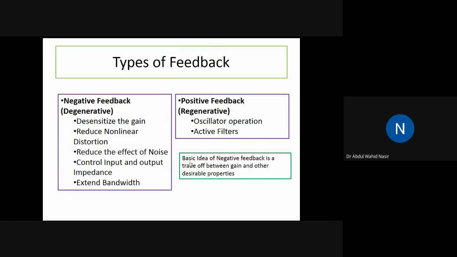The basic idea of negative feedback is to trade off between gain and other desirable properties. You will have a loss in gain, but you can achieve other desirable properties. So you have to decide how much gain you should sacrifice to get the benefits of other properties. Clear?